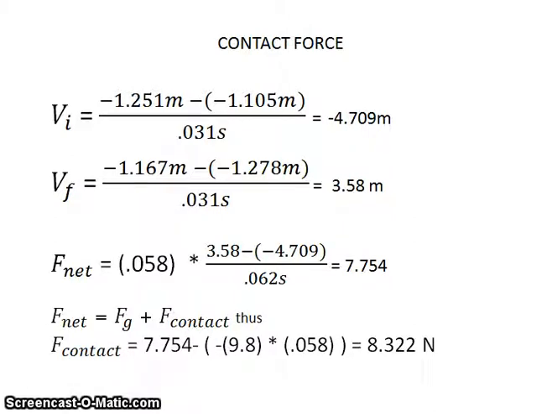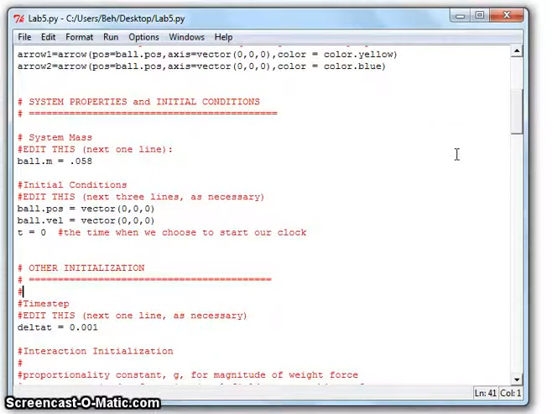From that, we implemented that data into our computational model in VIdle to model the motion of the tennis ball. Here we have the Python code. For the mass of the ball, we took a standard sized ball, 58 grams or 0.058 kilograms.